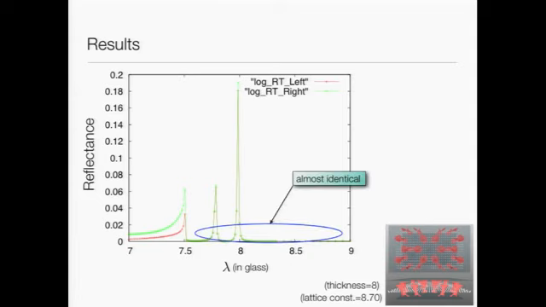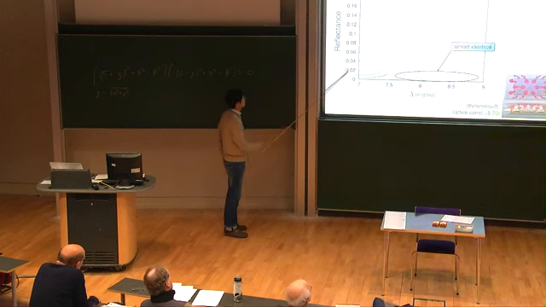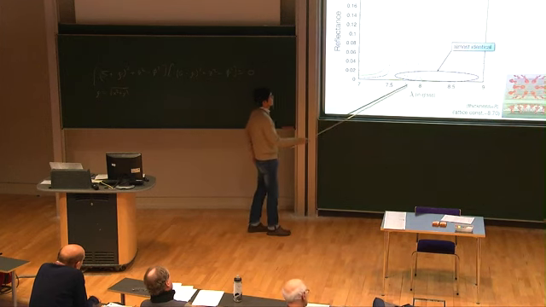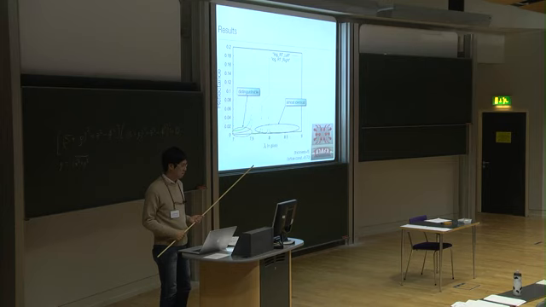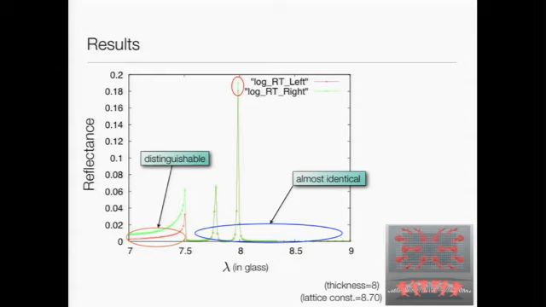You can see that as far as the reflectance is concerned, when the wavelength is longer the response is almost identical, and only when the wavelength is shorter is the response distinguishable. Now I'm showing you the intensity profile of the reflected light at this wavelength, on the next page.